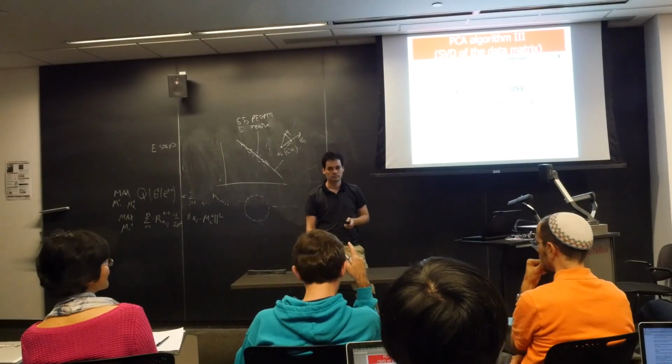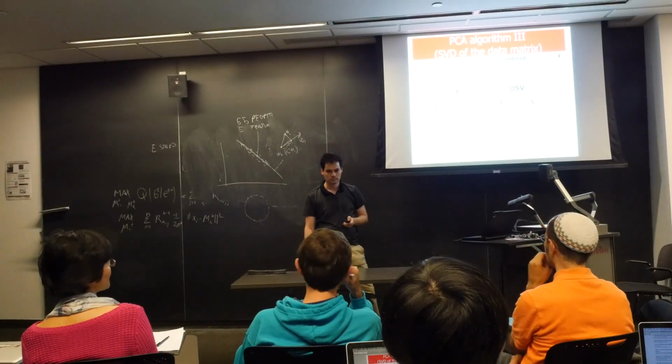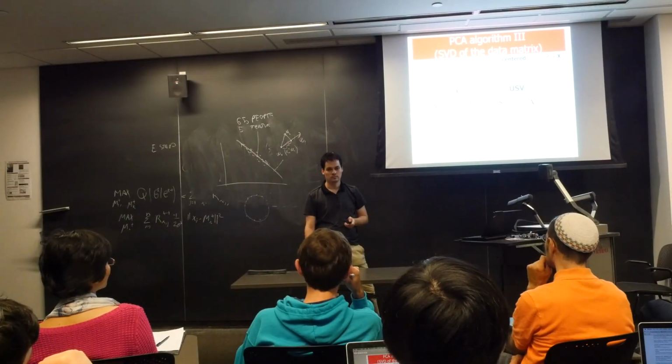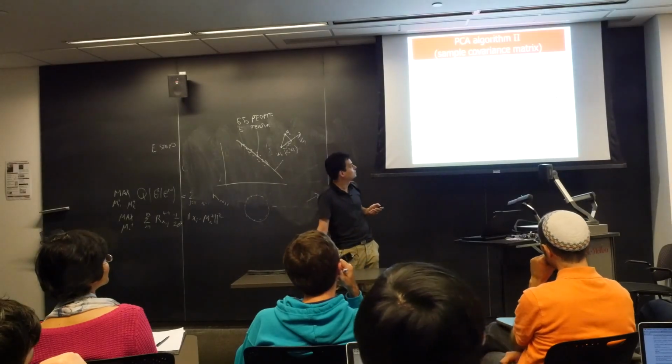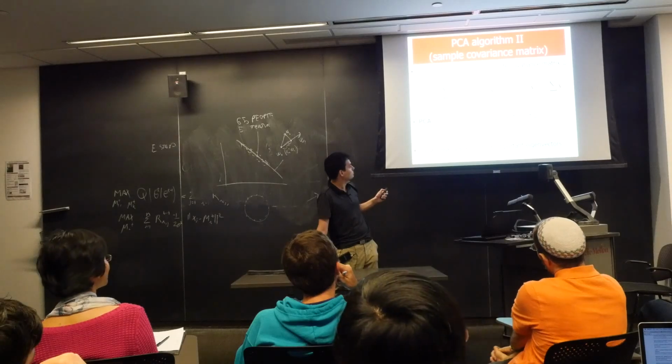I have a question about this power method. In the previous slide, it seems like the first principal component corresponds to the eigenvector of the largest eigenvalue of sigma, but this sigma is the covariance matrix of your data. It seems like you take the eigenvalue 1.